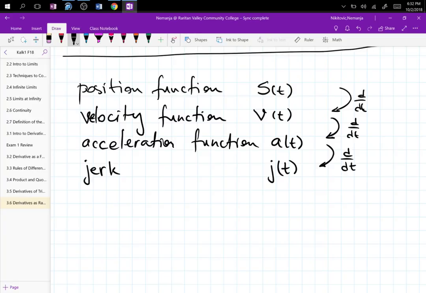The position function is going to give you how far you go in time, in miles or meters or whatever. So the position function s of t, silly me, not p of t, is going to give us the distance covered. So that's distance covered.